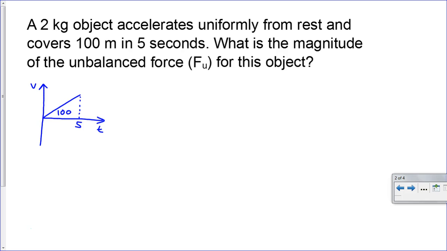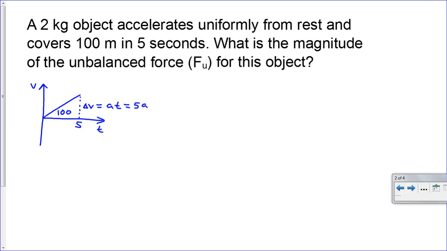What we can find from this is we can use the relationship that we know for this side here. This is our change in velocity, to figure out what the acceleration is. In fact, if you're on top of things, you know that this change in velocity equals the acceleration times time, which in this case, since we know that t is 5, is just 5 times our acceleration.